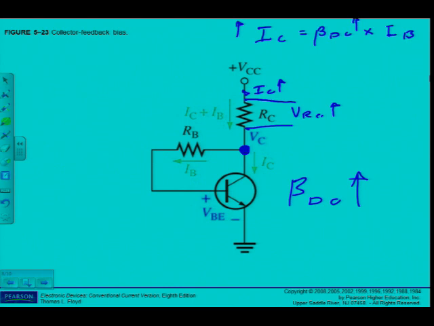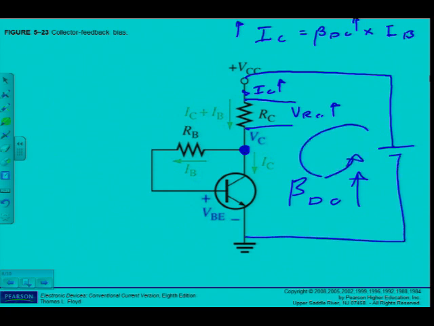If we look at the laws that we've learned, Ohm's law and Kirchhoff's law. So now we go back to Kirchhoff's law. Let's put that power supply back there where it belongs. Remember, I'm looking at this series circuit, VCC.